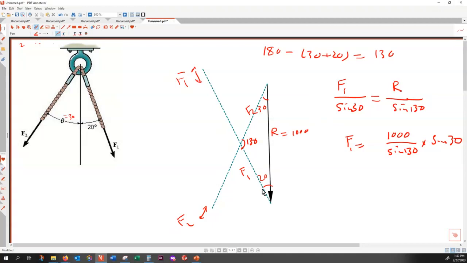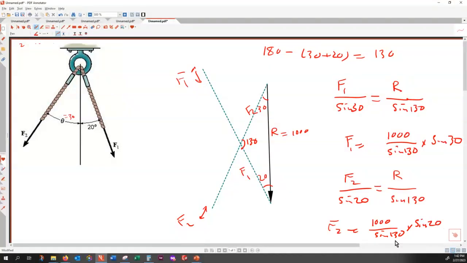What about F2? F2 divided by sine 20 is equal to, again, R divided by sine 130. And therefore, F2 becomes 1000 divided by sine 130 times sine 20.